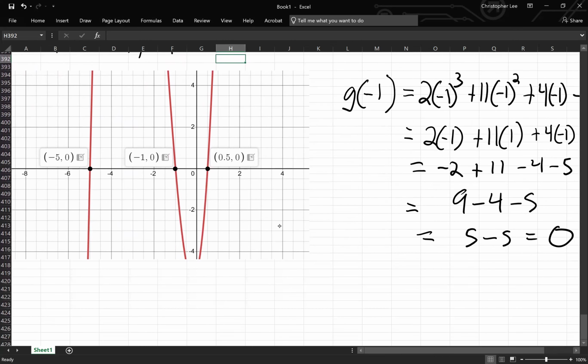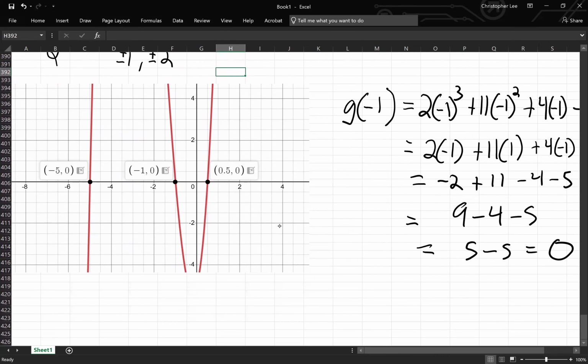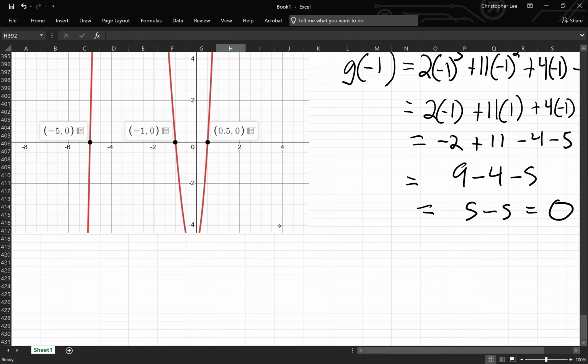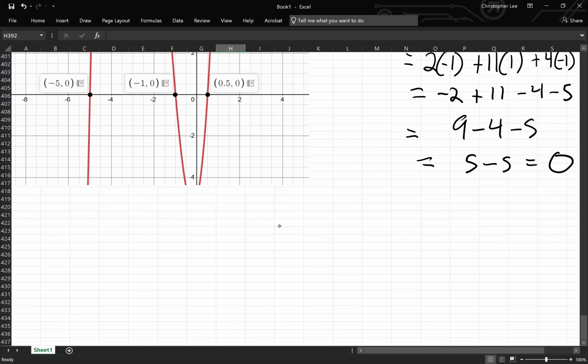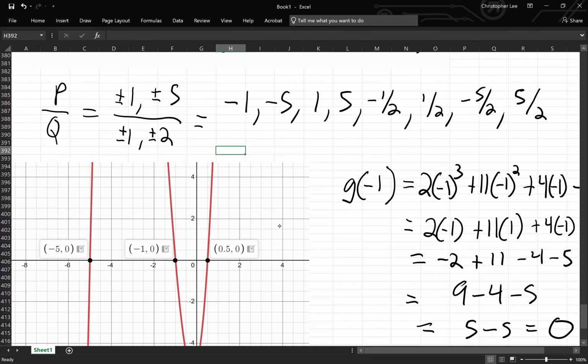All right. So let's look at a synthetic division one. Let's do the -5. I already know that x equals -5 is a factor, but again, we have to prove it. We can't just go by it. So for synthetic division, you're going to have -5, and then I want the coefficients of this expression.